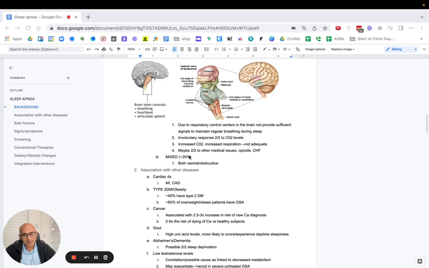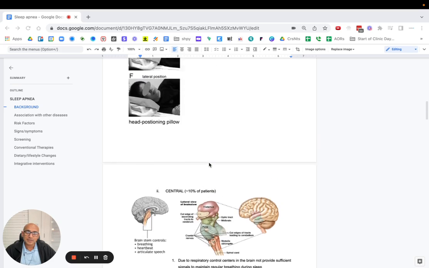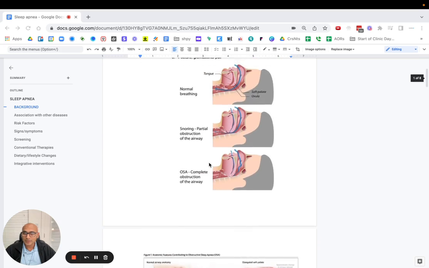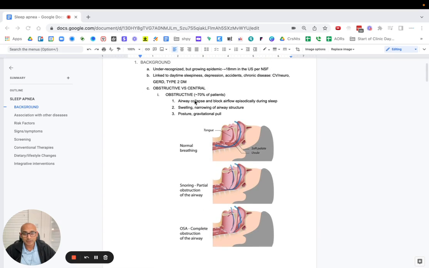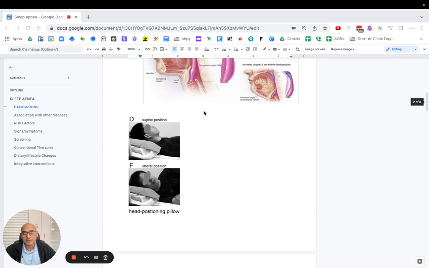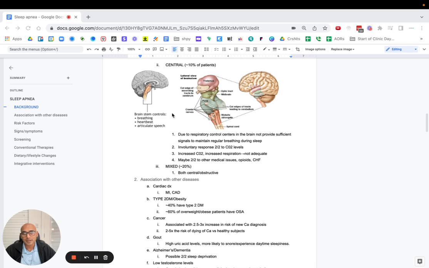In some cases, you may have a mixed sleep apnea consisting of both central and obstructive. One thing I do want to point out is that obstructive is by and large the majority of patients: 70% of patients have this, about 20% of them being mixed, and only 10% having central sleep apnea.